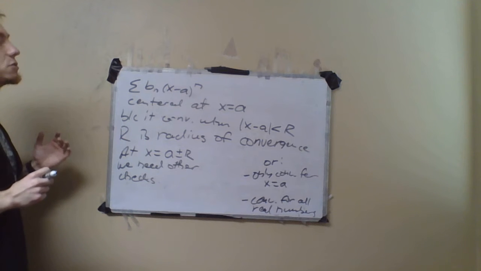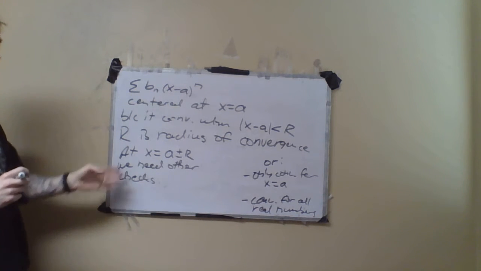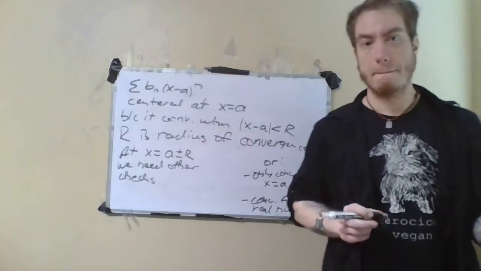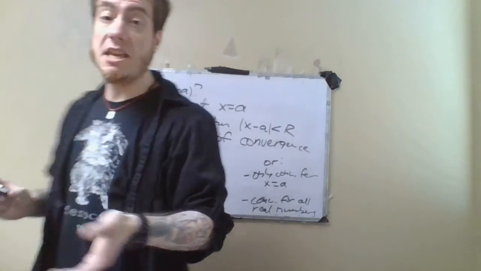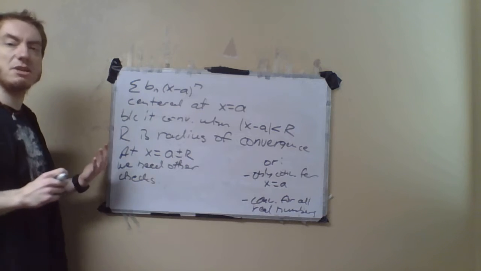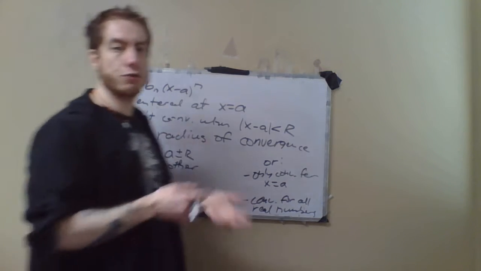And because of that, you're going to have to use some other method. Now, methods that you can usually use to check include things like, maybe at one of these points you can do an alternating series test. Maybe at both of these points you can do an alternating series test. Maybe you can use some other trick. There's all kinds of little tricks that you can use.